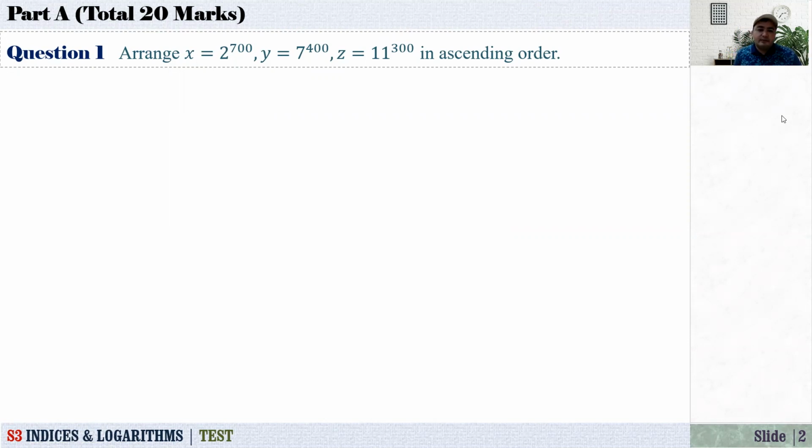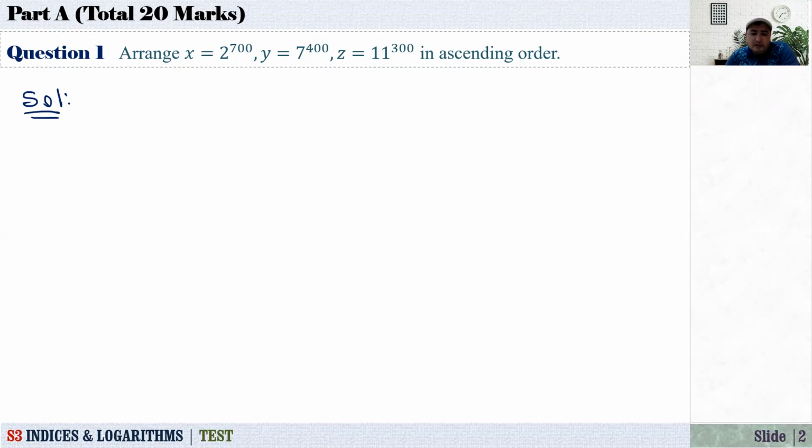Let's start with this example. Arrange the following numbers. We are just going to use the basic properties of indices to compare the powers of numbers. Usually we have 2 ways. Number 1, bring them into the same base, then compare their exponents.